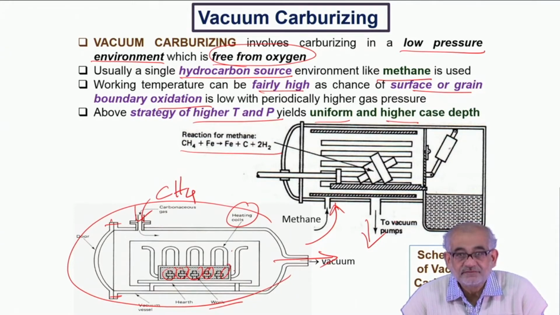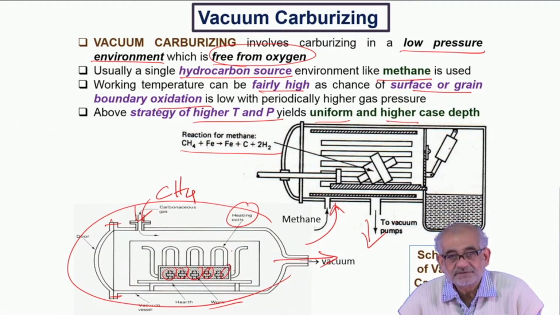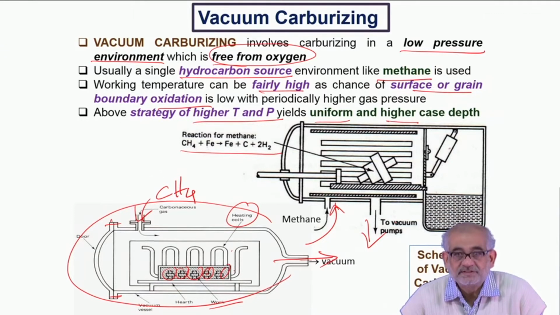So we begin with low carbon stock, 0.2% carbon, so that the core will maintain a ferrite, pearlite, or simply ferritic microstructure, so that it can absorb load and provide high toughness, and the surface actually will develop very high hardness. So from the surface to the core, we see a gradation of microstructure and hence gradation of hardness and other relevant mechanical properties.